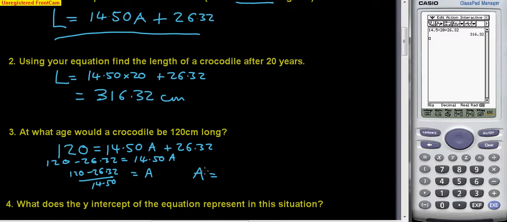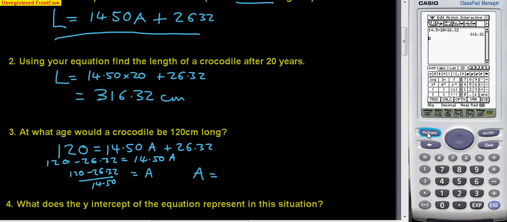Doing the same thing on the calculator, using the solve function, will get the same answer, and I'll just show you how I would do that. I'm at the main screen, but I need the keyboard because I like to get at the solve button by opening the keyboard, going to calc, and then the solve is that button just there.